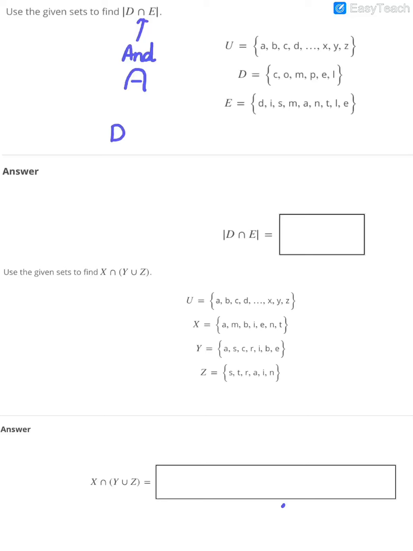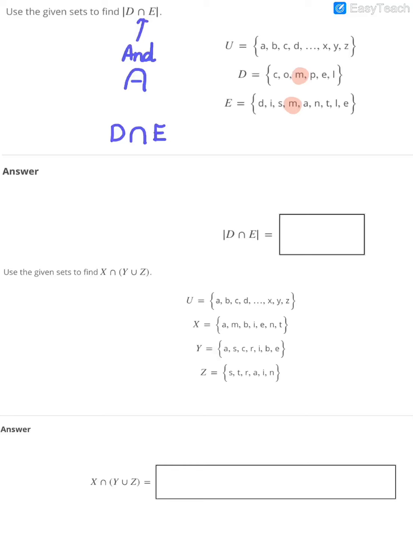So if I'm looking at what is part of D and E, I am comparing those sets to determine what's part of both. So when I look at D, I see a letter C, but I do not see it there. I see a letter O, but I do not see it as part of E. I see an M that is part of both. So that would be a letter that's part of both.